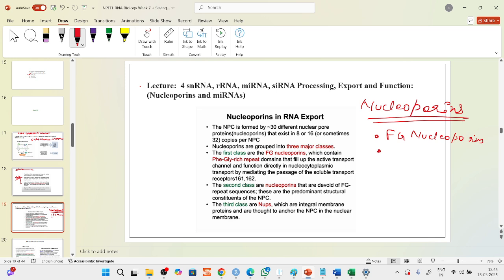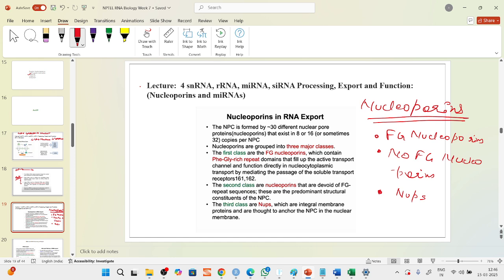Second, nucleoporins which do not have FG. And then the third class is known as NUPs. The first class is FG nucleoporins, which contain the phenylalanine and glycine repeats that we have just talked about, that fill up the active transport channel and function directly in nucleocytoplasmic transport by mediating the passage of the soluble transport receptors.